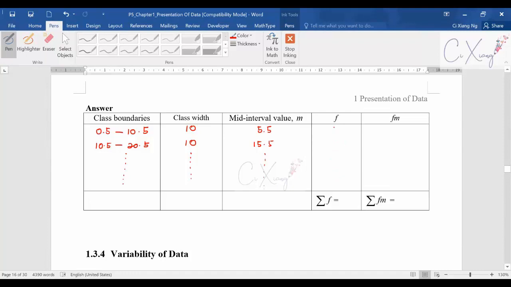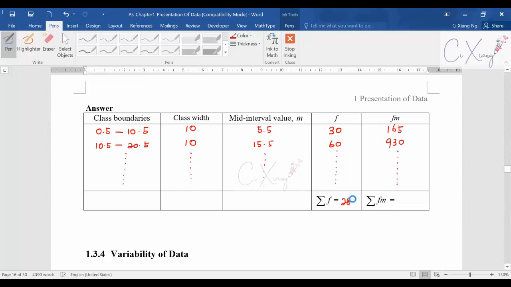Okay, so frequency, you fill in the frequency according to the x. So the first one is 2x, right? Frequency is 2x, means 2 times 15, you get 30. The second frequency is 4x, so 4 times 15, you get 60, and the rest. Then after that, you get the value for f multiplied with midpoint. So this one will be 165 for the first one, the second one will be 930, and also please complete the rest for me.